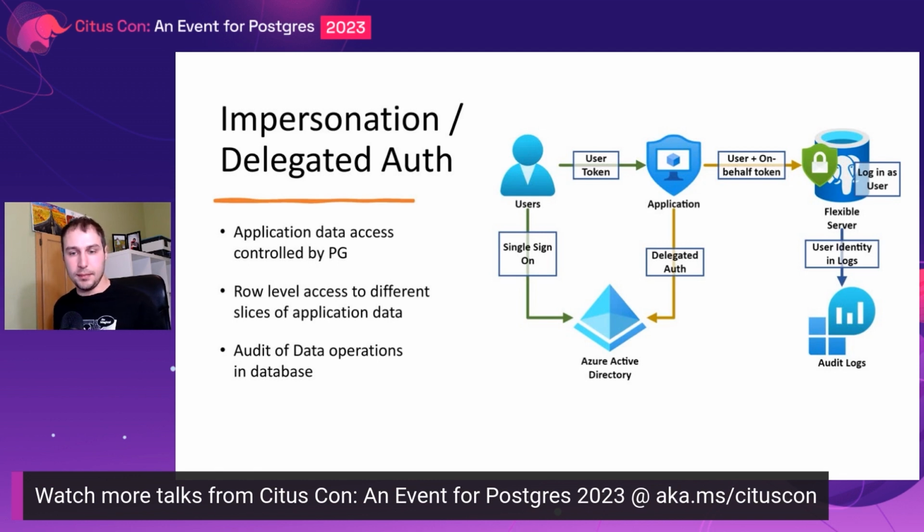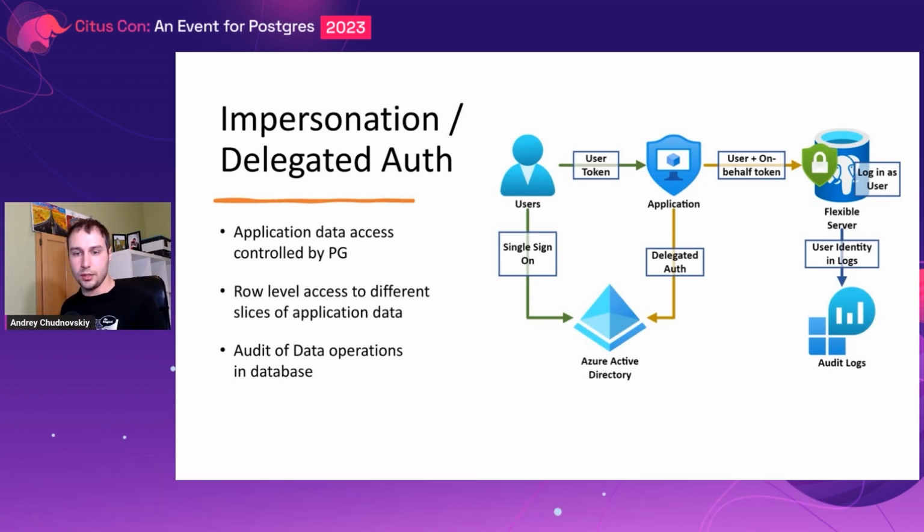In order to implement this solution, your application needs to have some sort of single sign-on, where users connect to the application using their Azure Active Directory credentials. You use the end user token alongside the application's own credentials in order to get the delegated, or on-behalf-of, token from Azure Active Directory.